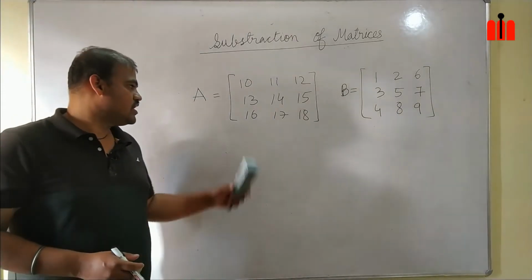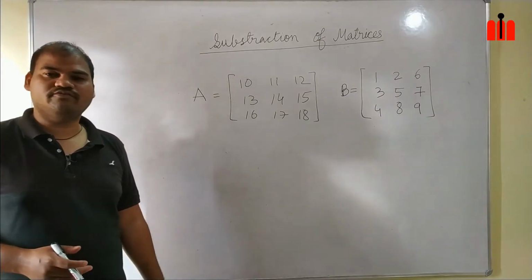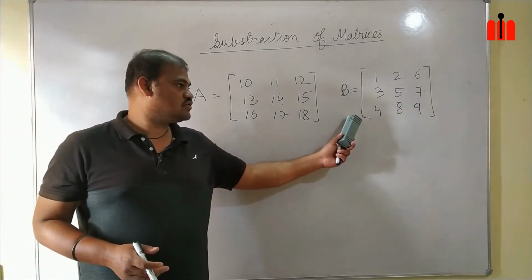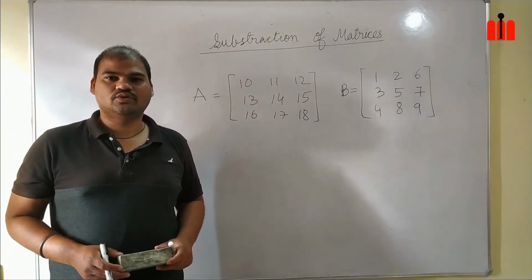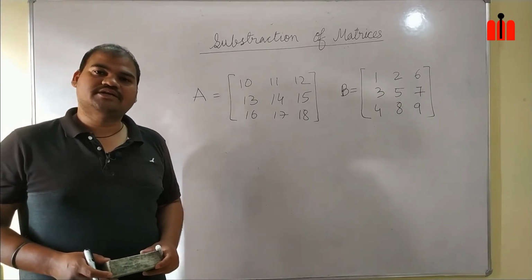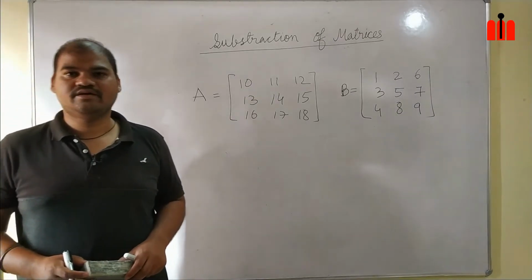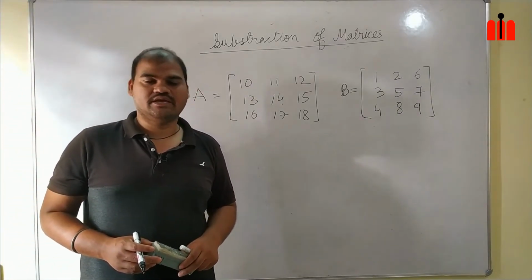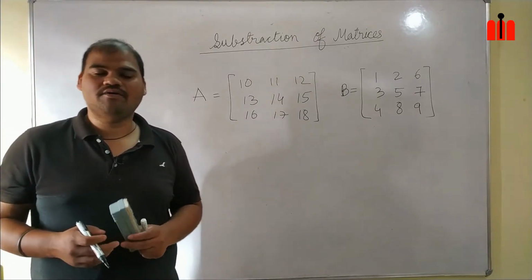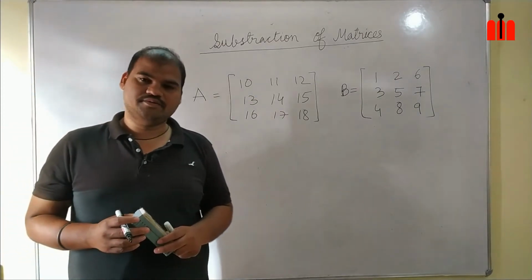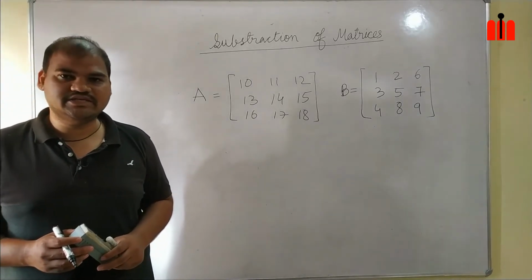This A matrix, all elements can be represented in the form of Aij. In the B matrix also, all elements can be represented in the form of Bij. After subtraction, the resultant matrix C will have its elements in the form of Cij.